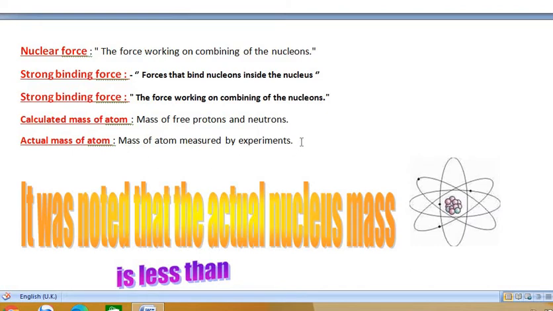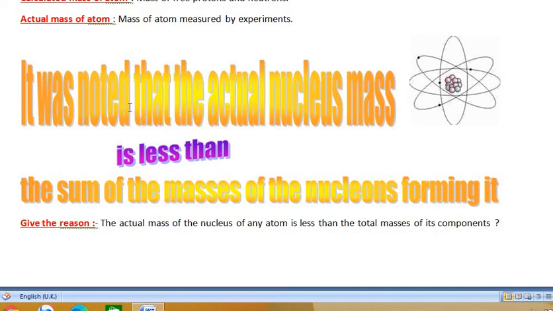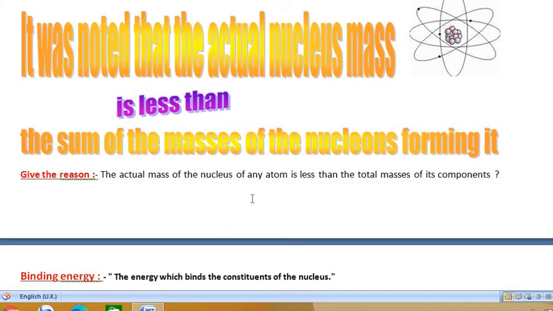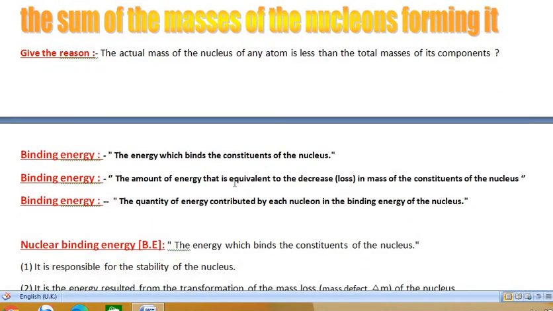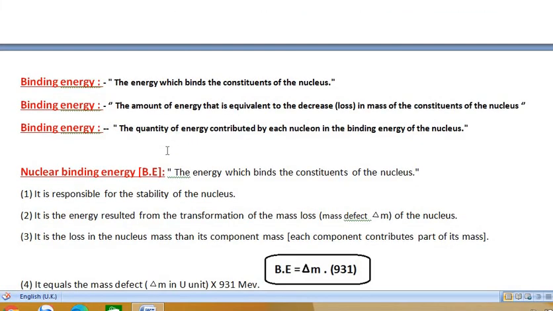This energy is produced from the conversion of the lost mass, or the mass defect, into energy. So it was noted that the actual mass of the nucleus is less than the sum of the masses of the nucleons forming it. This is because part of this mass, this lost mass, is converted into energy. This energy is called binding energy.